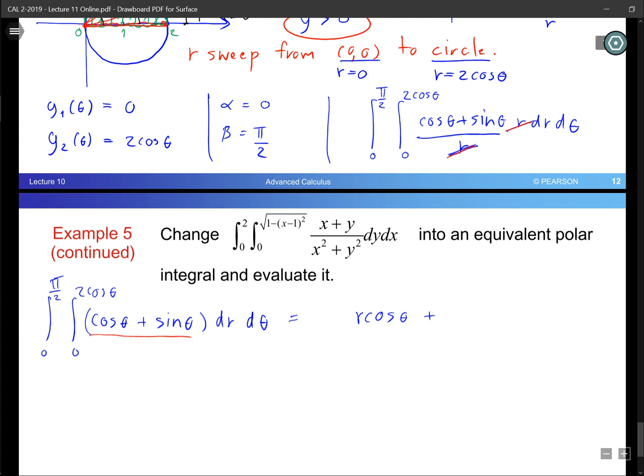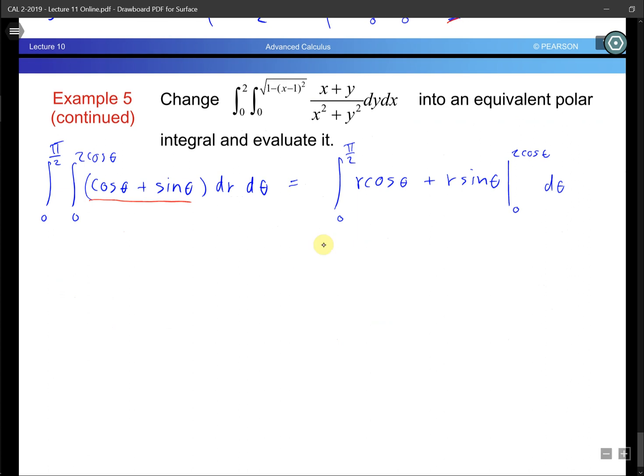Sine theta, constant, so r shows up in front of that. And we are supposed to evaluate this at r equal to 0 and 2 cosine theta. Then integrate this one more time with respect to theta from 0 to pi over 2.